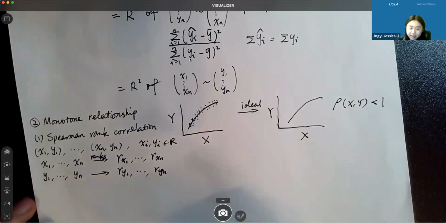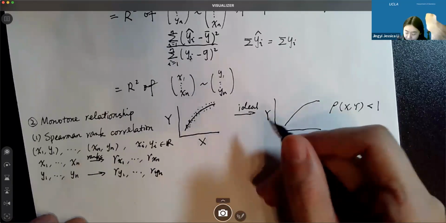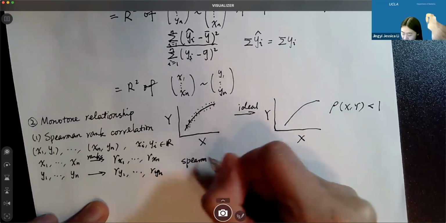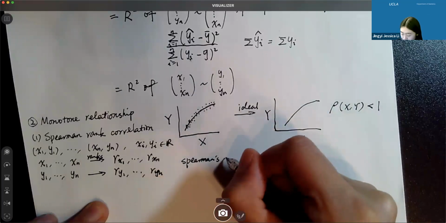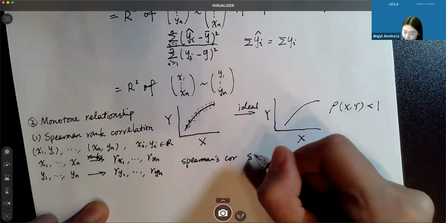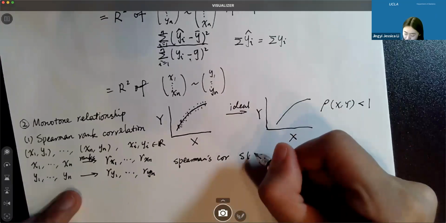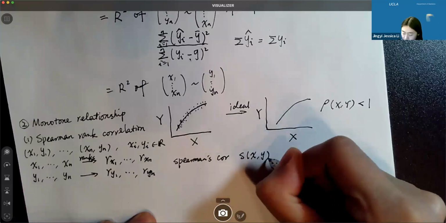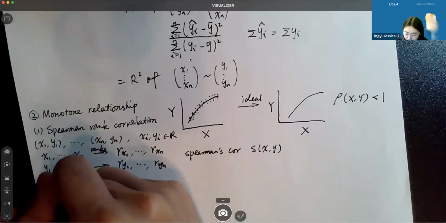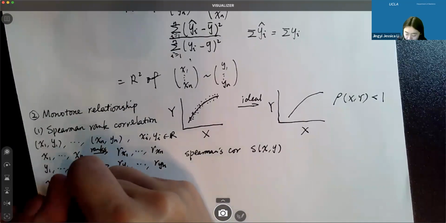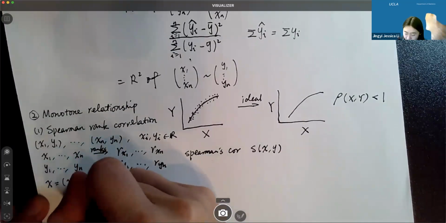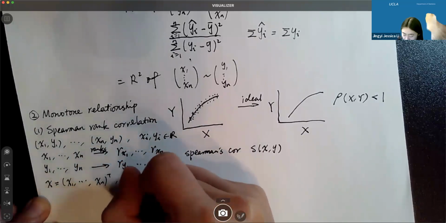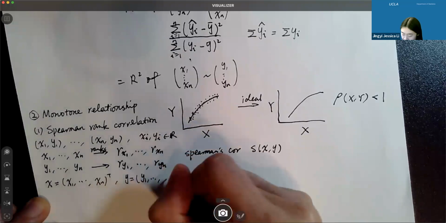Okay, and then the Spearman correlation, if I call it S for Spearman, which is the last name, Spearman's correlation, is defined based on these two sets of numbers. Let me use small x to denote the vector of the ranks of x1 to xn, and small y to be the vector of the ranks of y1 to yn.